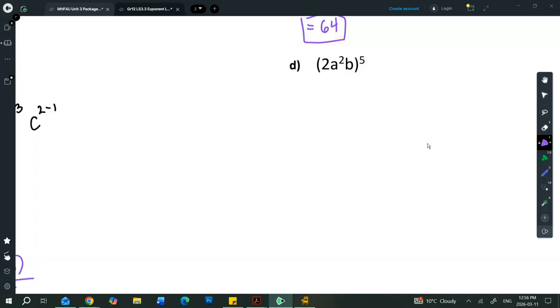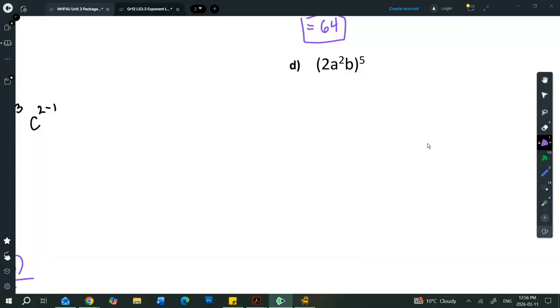So not only the A and the B, but also to the 2. Because this whole thing is going to be multiplied by itself 5 times, so the 2 will also be multiplied by itself 5 times.